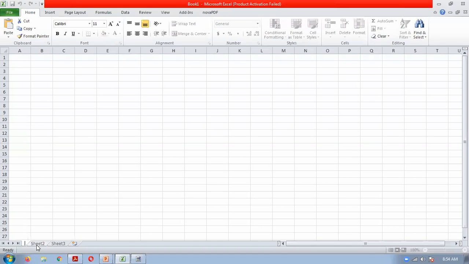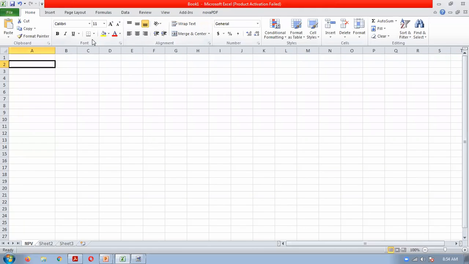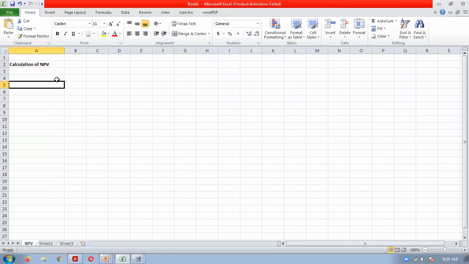So calculating the NPV of the project. Calculation of NPV. What is the formula for NPV you have seen? Present value of cash inflows minus present value of cash outflows. So we will solve it in a table method here.